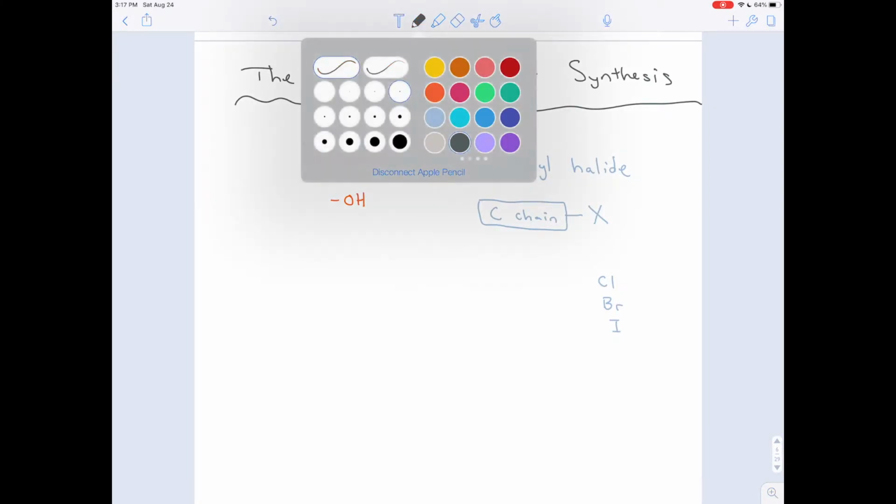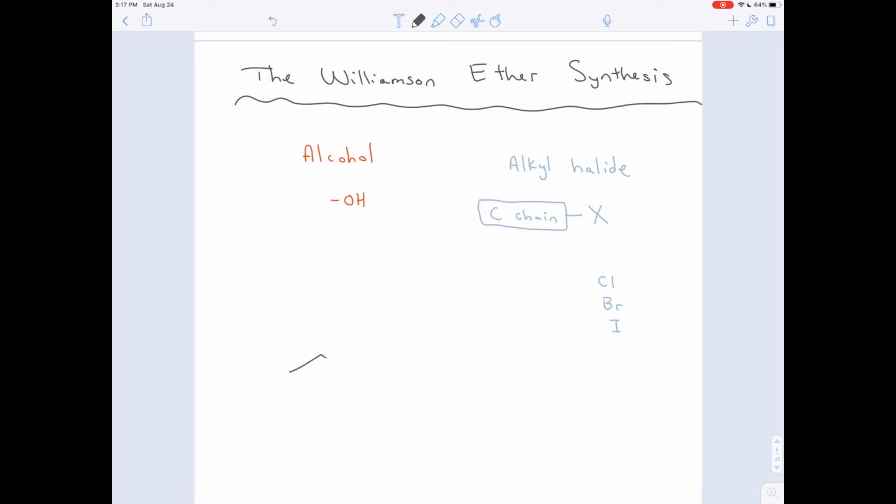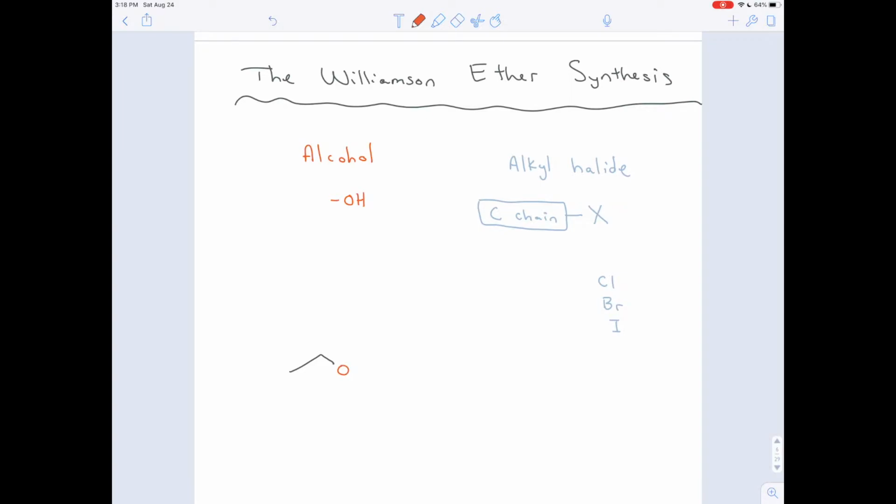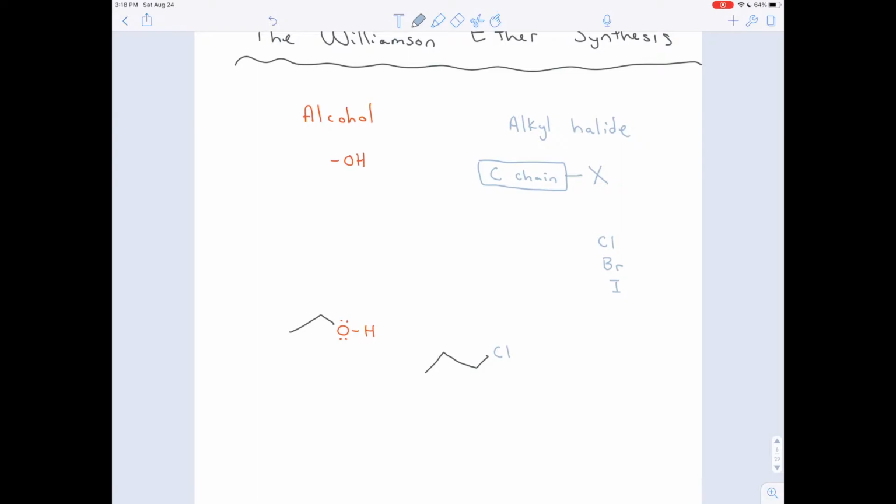Here I will just use a simple alcohol, ethanol, and for an alkyl halide I'll use a similar one. Let's say 3 carbons and then our halogen, say chlorine. So those are the two molecules I'll use as an example here for how to do this.